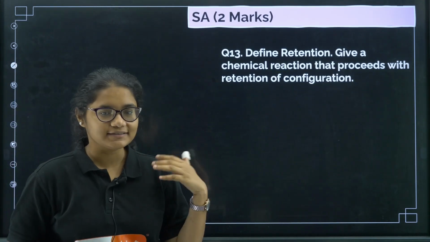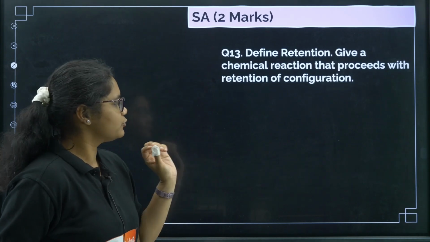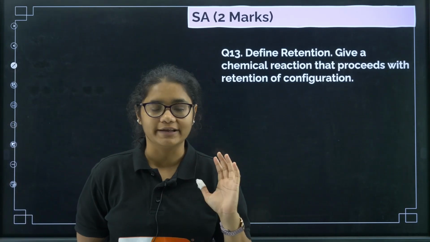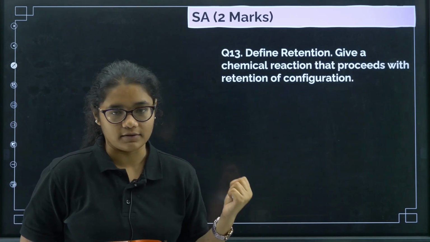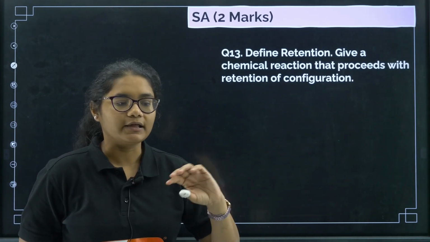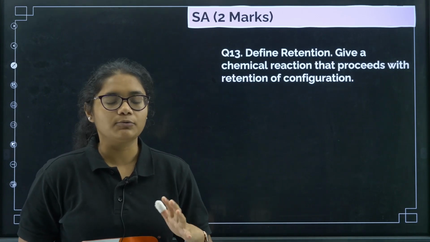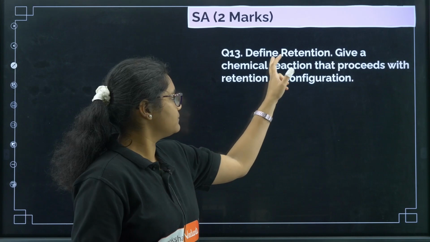The question here is 13 number, define retention. Give a chemical reaction that proceeds with the retention of configuration. So if you remember that in case of SN1, we have retention of configuration. Like we get both retention and inverted product. In SN2 we get inverted product, right? So you can write down what is the meaning of retention.